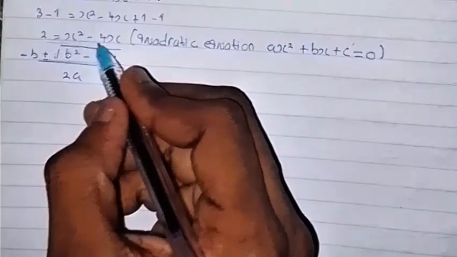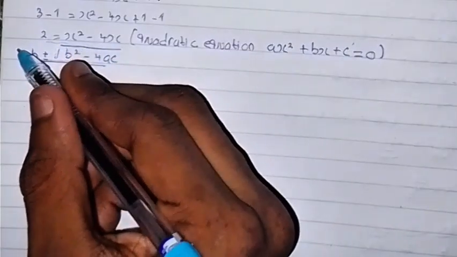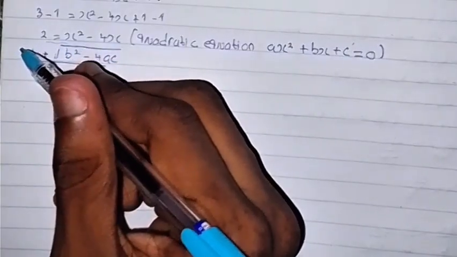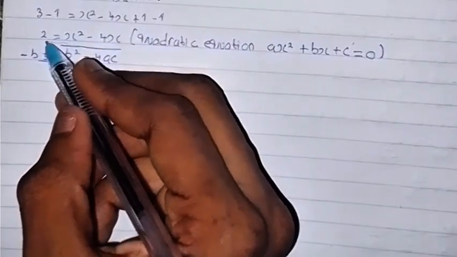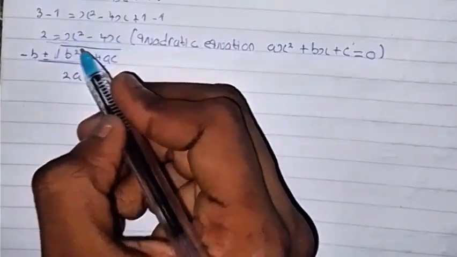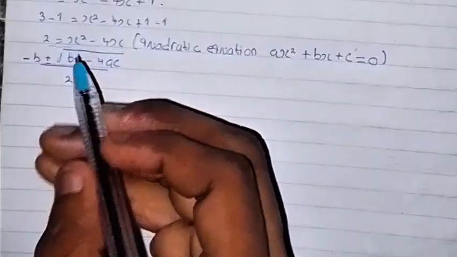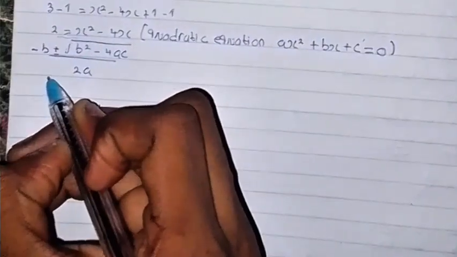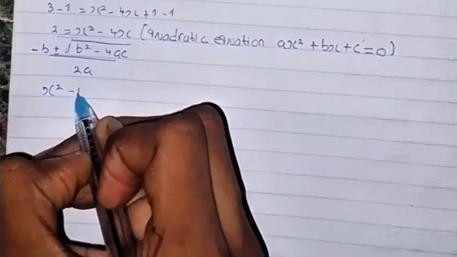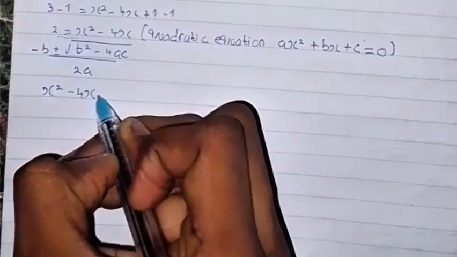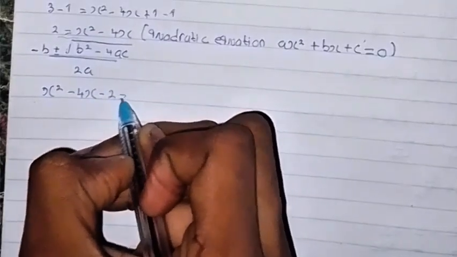But if you observe our equation, it is not equivalent to 0, rather it's equivalent to 2. But we can make it equivalent to 0 by moving 2 to this side, that's subtracting 2 from both sides. So our final equation, which is now the quadratic equation, becomes x squared minus 4x minus 2 now equivalent to 0.